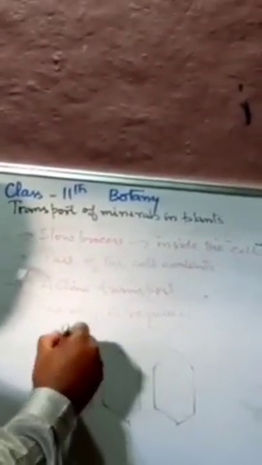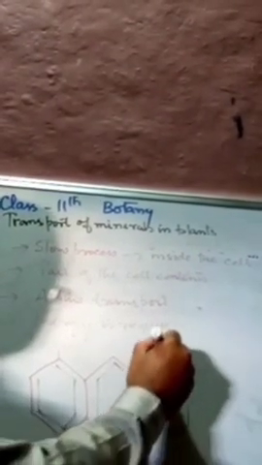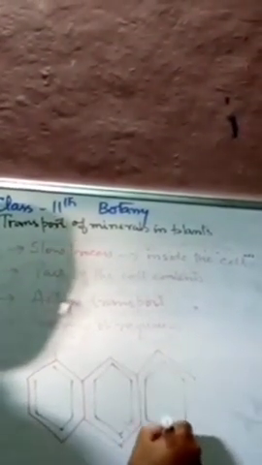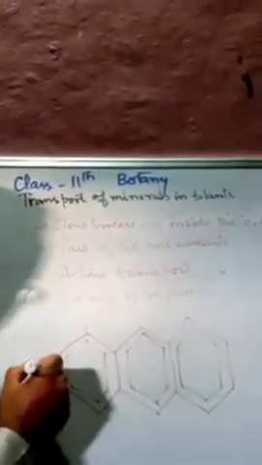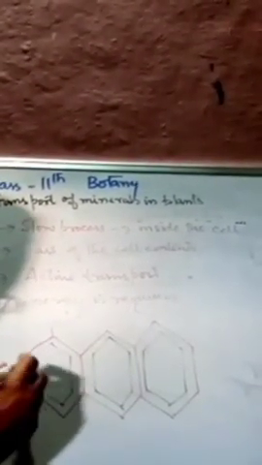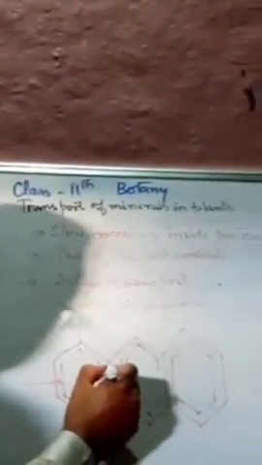This is the cell wall, this reddish one. Now the movement of minerals takes place inside the cell, within the cell. In the first phase, we saw it takes place between the space, the outer space of the cell. Here it has to cross the plasmodesmata.